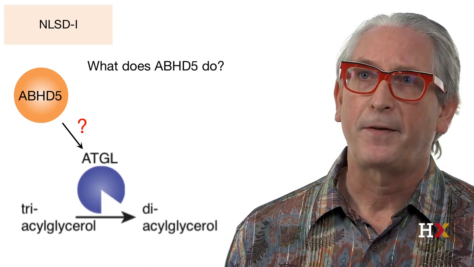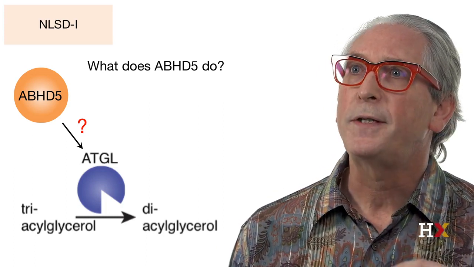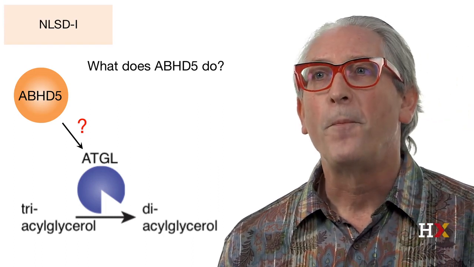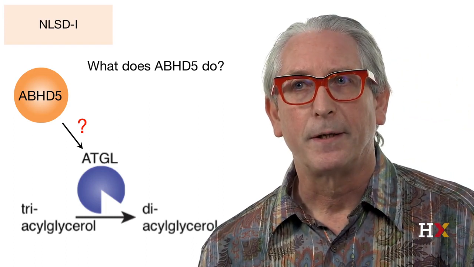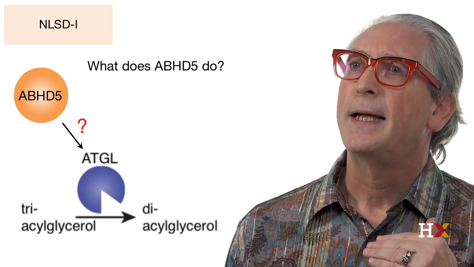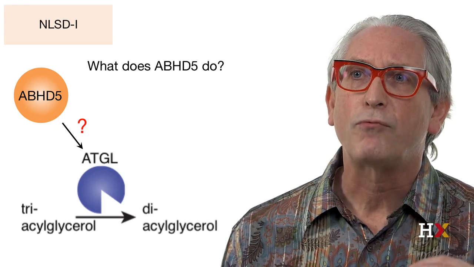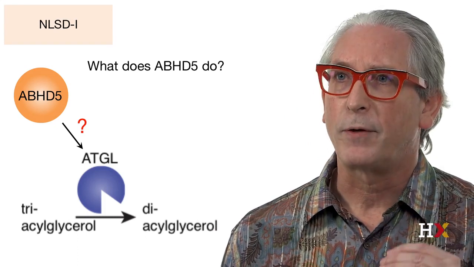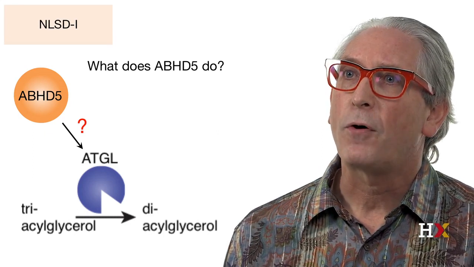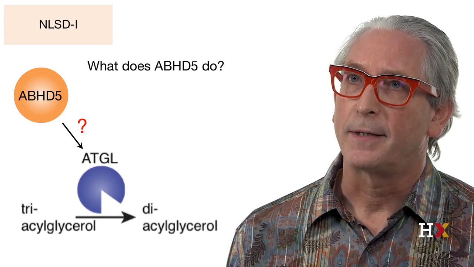NLSDM patients have cardiomyopathy, but do not display ichthyosis, while it is the opposite for NLSDI patients. So these observations suggest that ABHD5 has a role in triacylglycerol regulation independent of ATGL. This role has not yet been characterized.